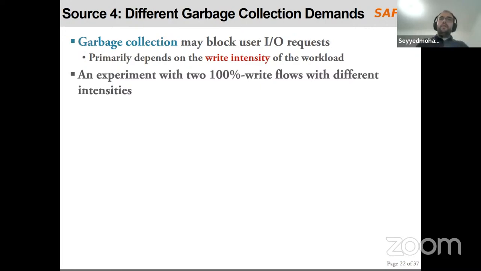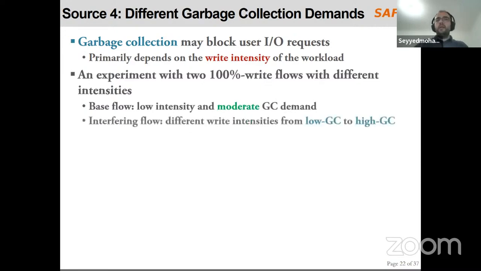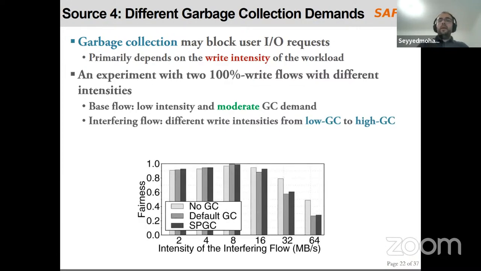We did an experiment with two 100% write flows with different intensities. For the base flow, we have low intensity and moderate GC demand. For the interfering flow, we consider different write intensities from low GC to high GC. We evaluate 3 cases. One is no GC, where we ideally consider that our SSD is large enough that we don't need garbage collection at all.